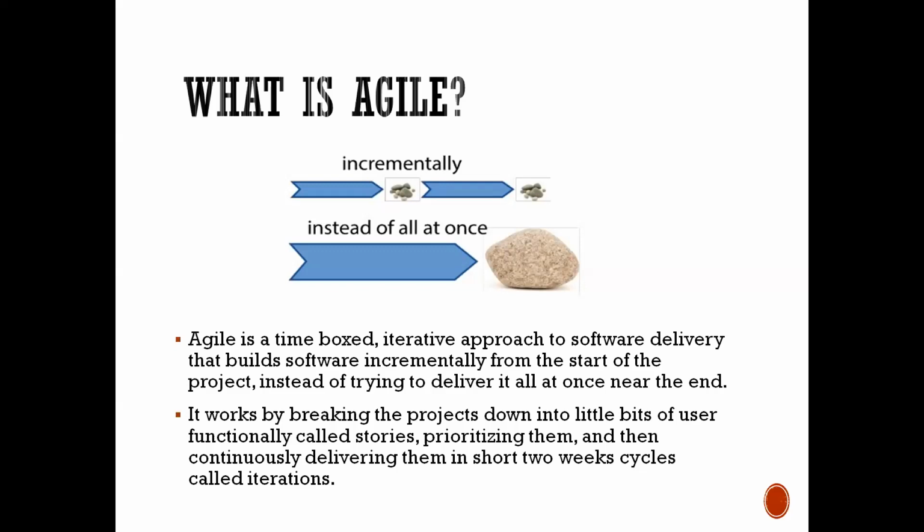You prioritize them, which means you make a list where the most important one is on top and the least important one is at the bottom, and you start making from the most important part. And every 2 weeks, you deliver to your customer and interact with them to see if everything is okay or not, and this is called an iteration.